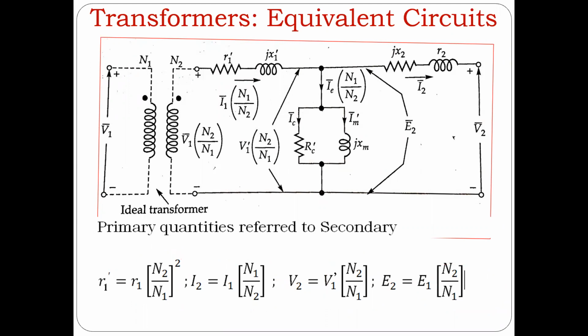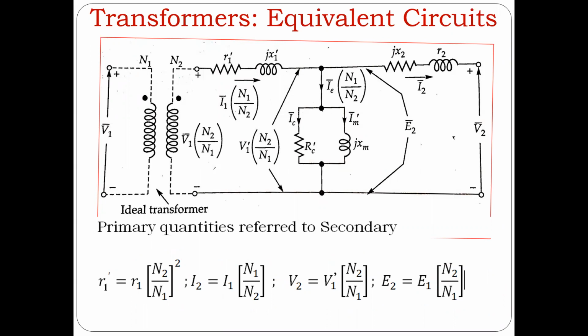Why do we do this? So that we can use the methods that we have for circuit analysis and solve for the circuit parameters. But this still looks quite complicated, and I can further simplify it.